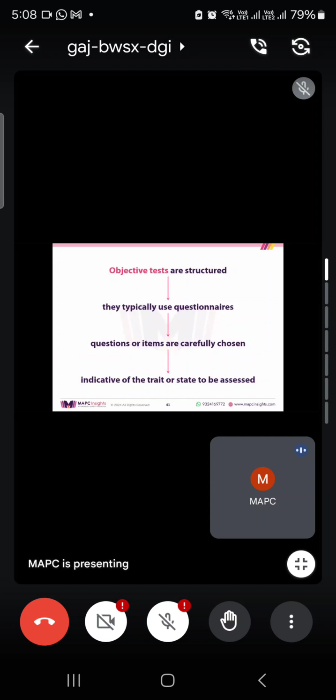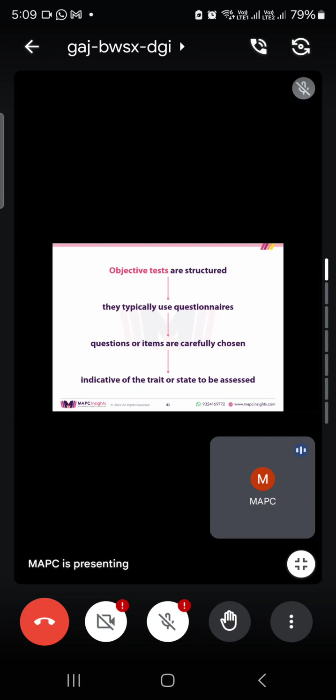The next one is the objective test. An objective test is a structured and objective test that typically uses a questionnaire. The questions and items are carefully chosen. We choose the questions very carefully in this questionnaire.